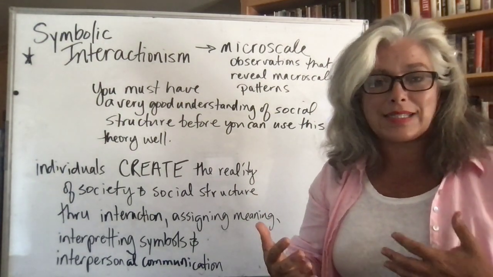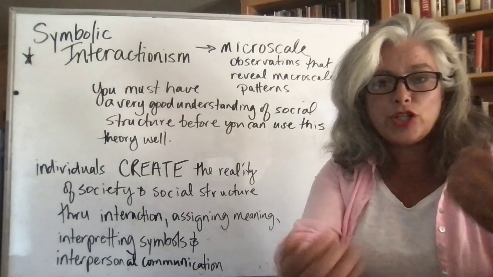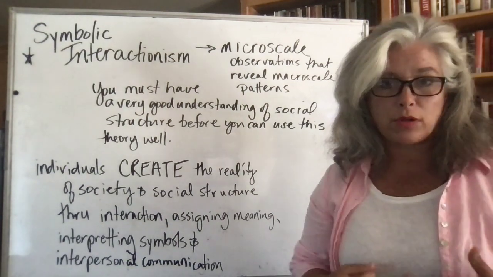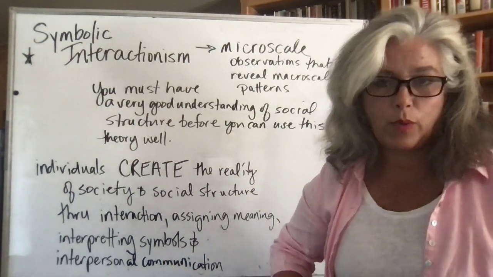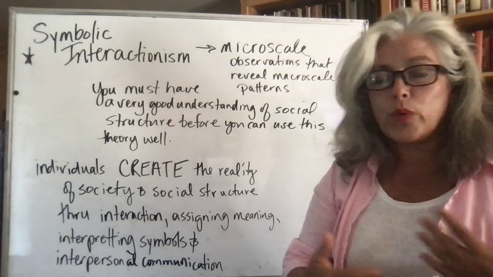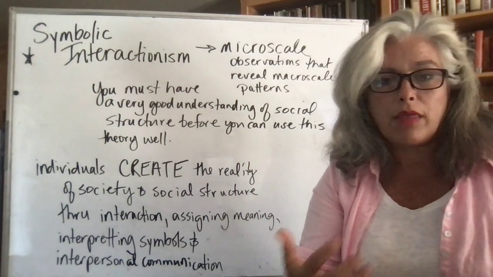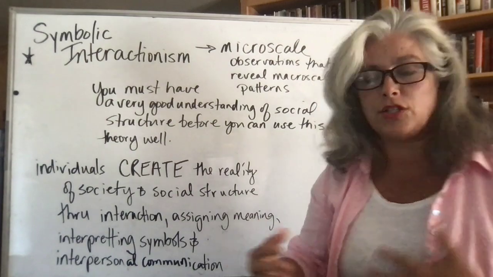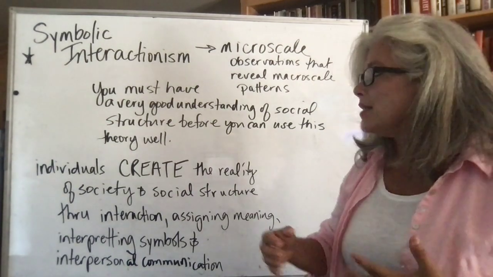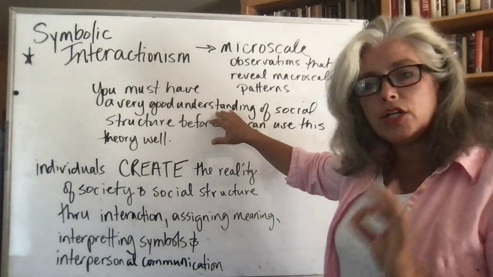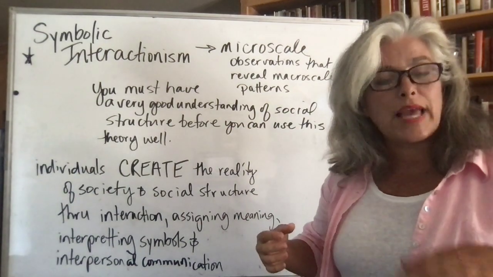The only reason it's like it is because you and me participate on the micro scale to continue it the way that it's always been. Or you and I can do this on the micro scale to change it into what we want it to be in the future.